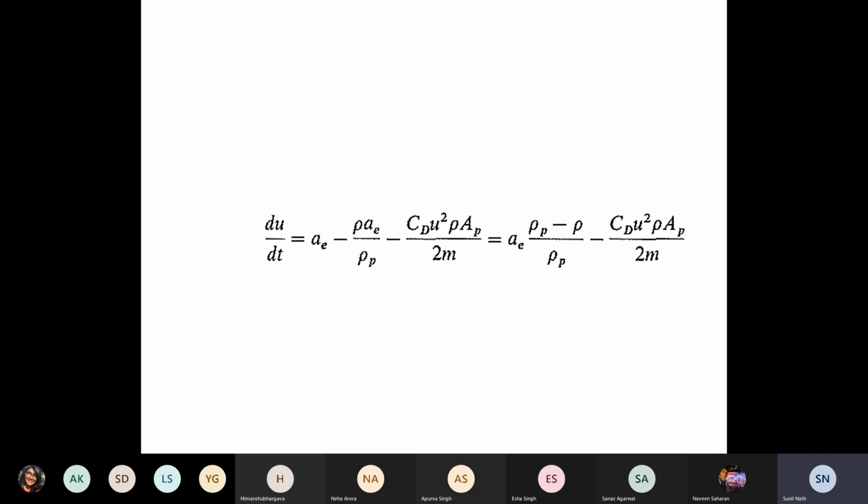The thing is that CD is a very strong function of hydrodynamics, and we have yet to discuss how that function really translates.